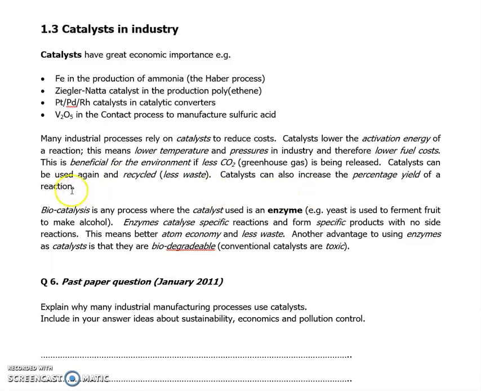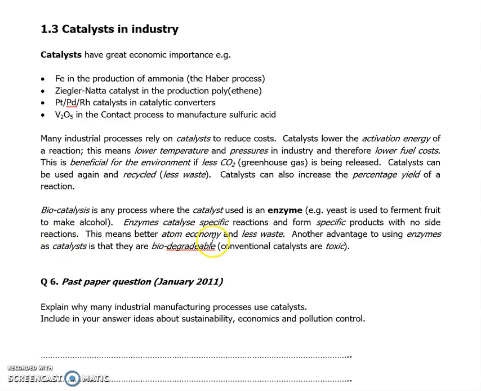Catalysts can also be used again. They can be recycled, and they can also lead to an increase in the percentage yield of a reaction. Biological catalysts are enzymes, and these are brilliant because they catalyze specific reactions to form specific products, and there are no side reactions.